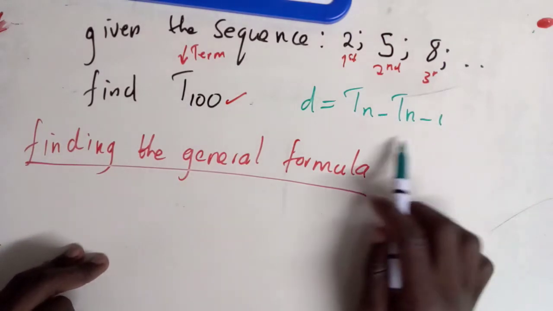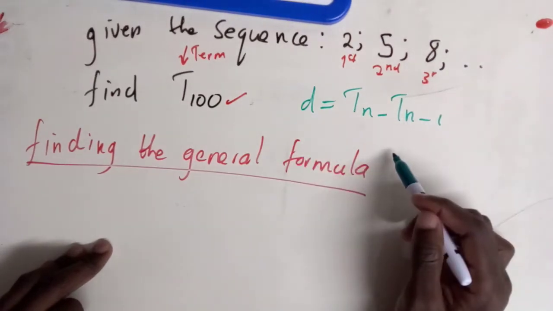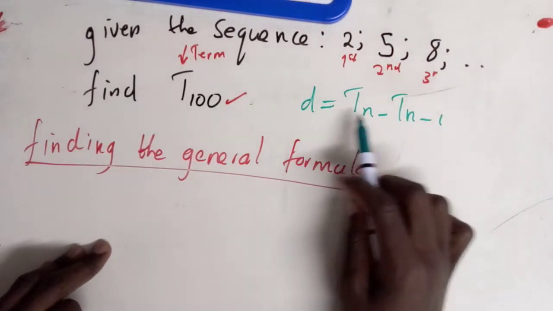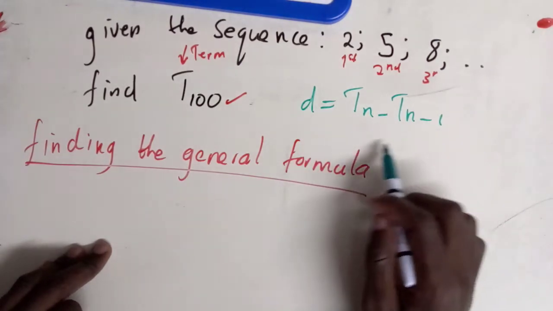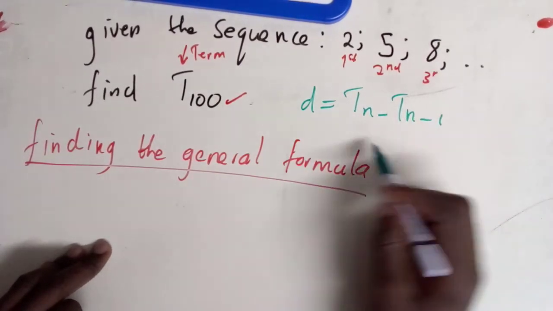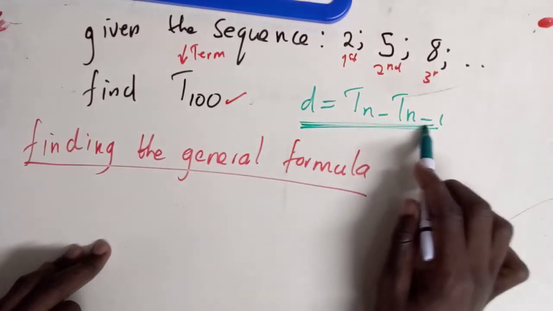If you don't understand how we get this formula, I suggest you go and watch the first video, which I'm going to link up here, and see how we got here.